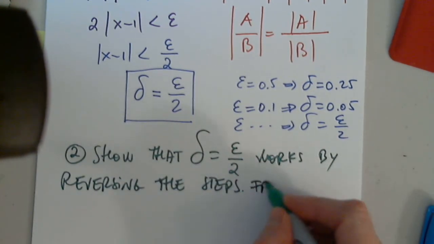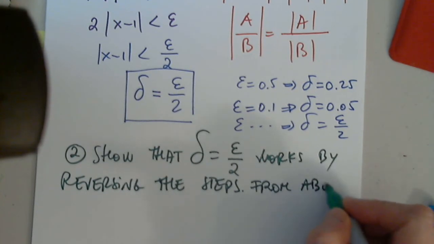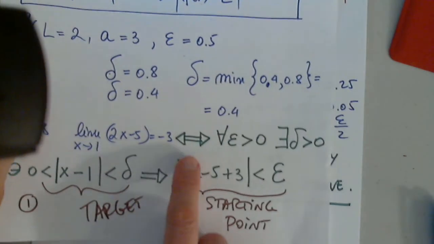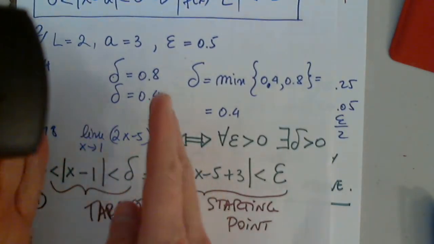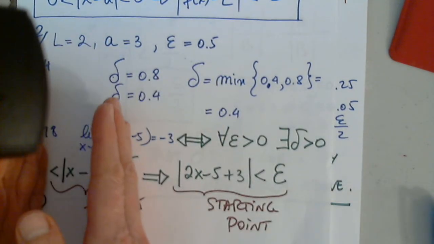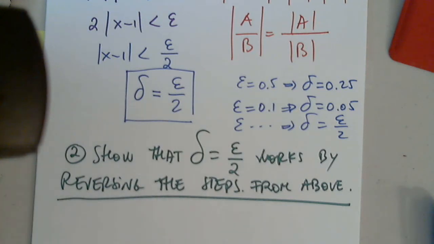Steps from above. I don't want you to do anything else, but you have to write this. Why? Because we have to be conscientious of the fact that this says this implies this, this implies this. So we have to show both ways. But I'm fine with just this one sentence. Okay, let's choose another.